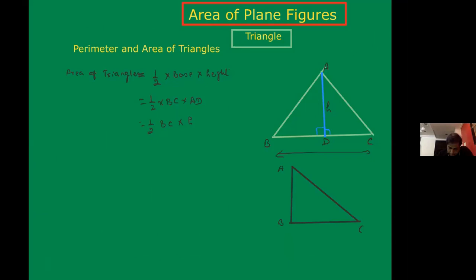So I will write here the area of the right angle triangle. Okay, so how to find the area of the right angle triangle? Okay, so in this I have drawn the right angle triangle.